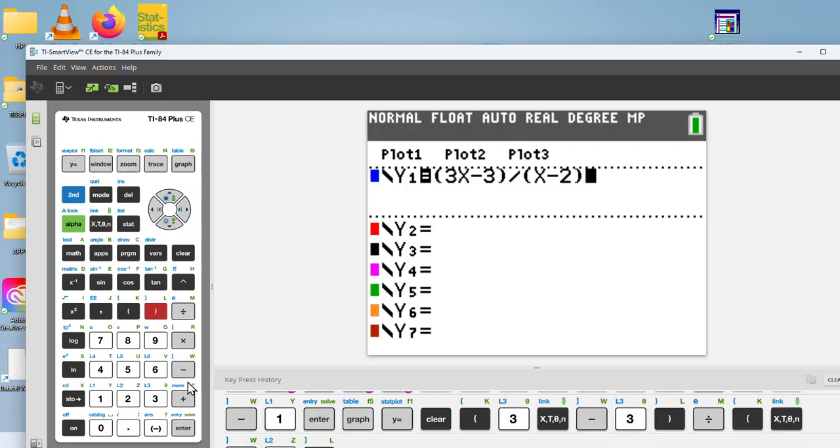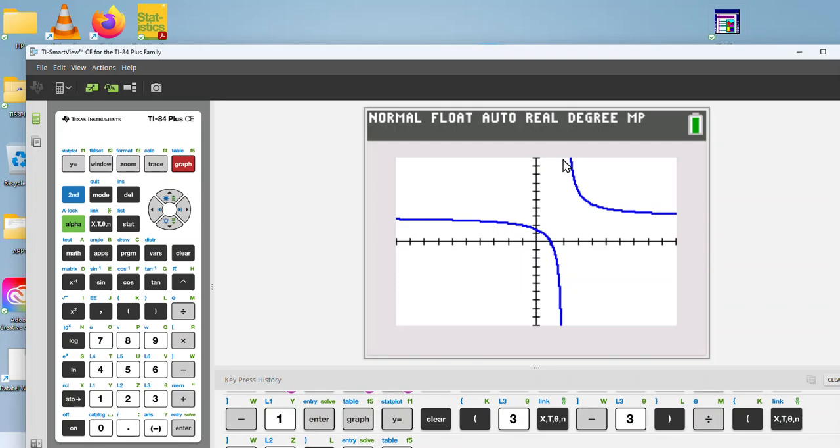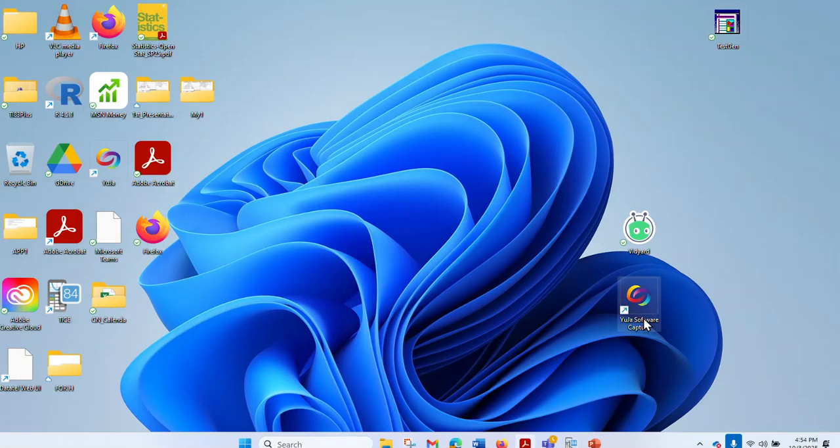Okay, and then we hit graph. That is how the graph would look in a calculator, right? So we have the horizontal asymptote and vertical asymptote right here. We have the x-intercept and y-intercept right here. All right, any questions?